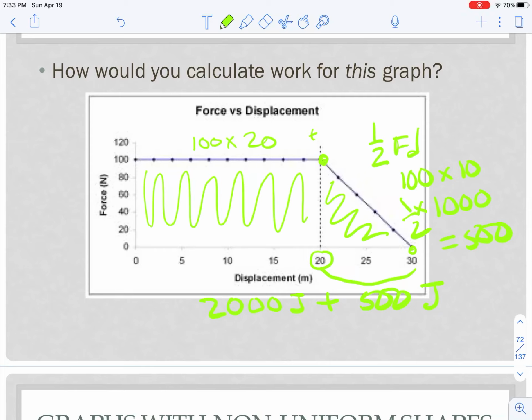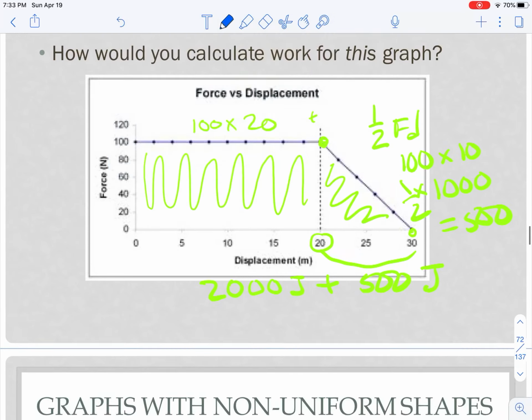So you could add the two portions of the graph together, and that way determine the entire work for this whole example.